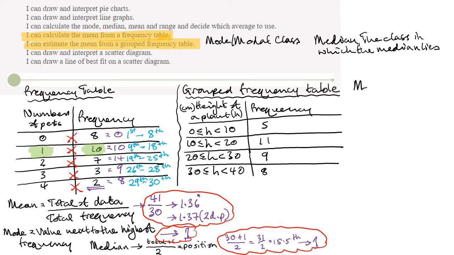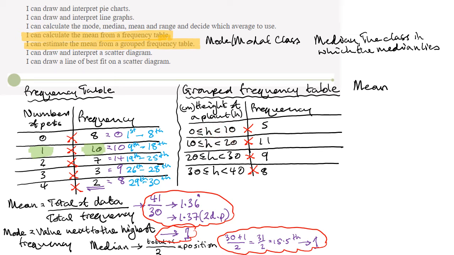The mean was the total of the data times the frequency. Now to find the total of the data, we still multiply like we did before, but we multiply by the middle number of these groups, because you can't multiply by 0 to 5. You've got to choose a number. So we choose the middle number, what we call the midpoint.